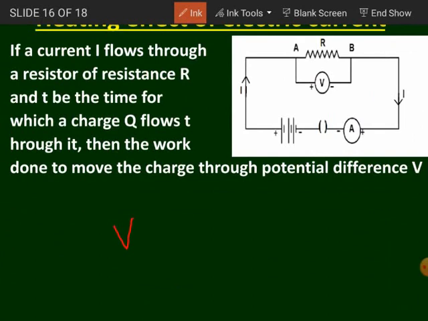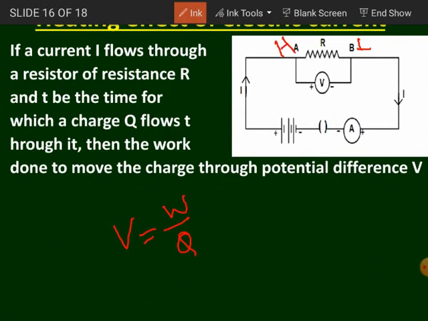So we define electric potential as work done per unit charge, right? So that much work is done in trying to move or push this charge from the low potential to the high potential, and the charge has to do some work against that opposition.